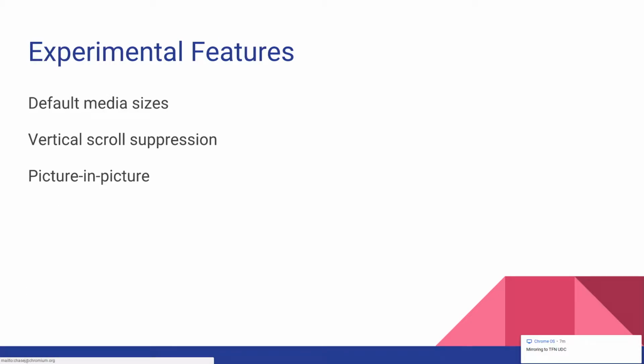And now we are currently experimenting with 3 new features. For example, this default media size policy, unsized media, enables developers to restrict images with intrinsic size. What it means is images or videos.